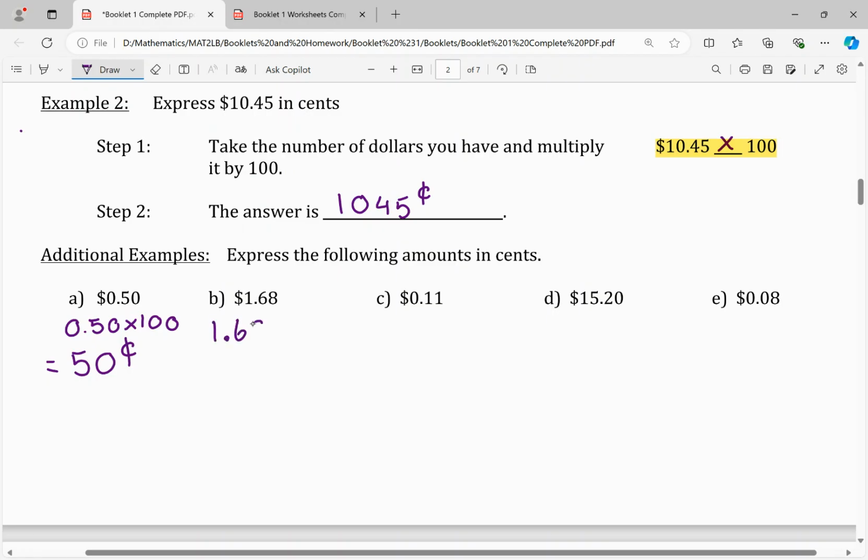So we're going to take 1.68, multiply it by 100, and that is going to give me 168 cents. $0.11, let's convert that into cents. 0.11 times 100, that's just 11 cents.